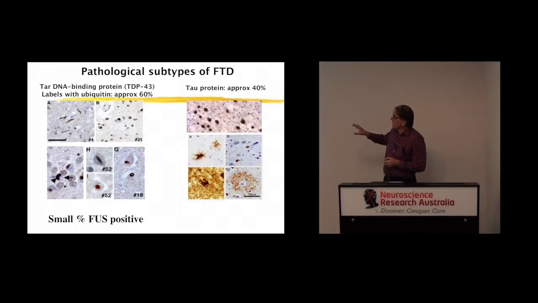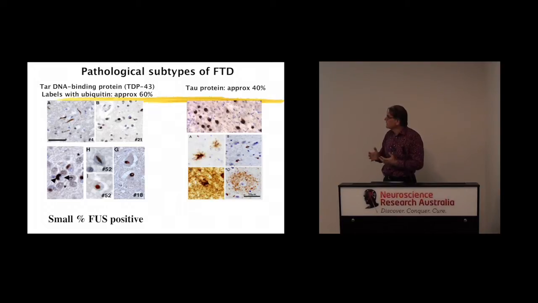And then it was discovered a few years ago now that there was an entirely different protein that could be found in patients with FTD. This protein is called TDP, TAR DNA binding protein, and actually appears to constitute the majority of cases. And within the TDP, there are a number of subforms of TDP as well, depending on which cells are involved.